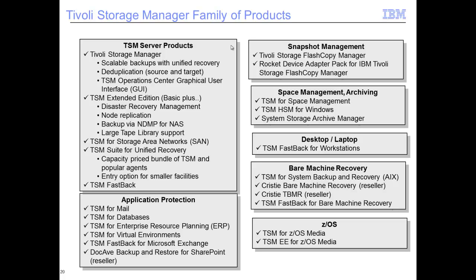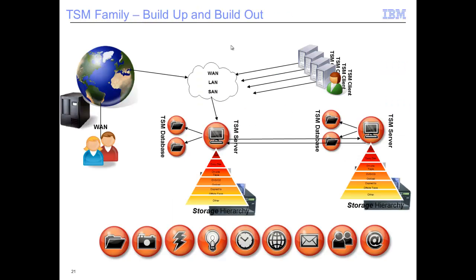This is an entire list of the family of products that are with Tivoli Storage Manager. You'll see many of them that we talked about today. So the great thing about Tivoli Storage Manager is that it does have a very flexible architecture where you start with a Tivoli Storage Manager server that has its database for the meta information and the storage pool for the actual files.